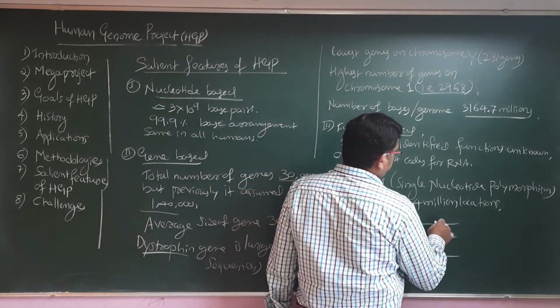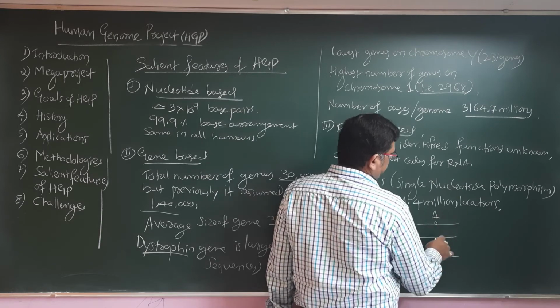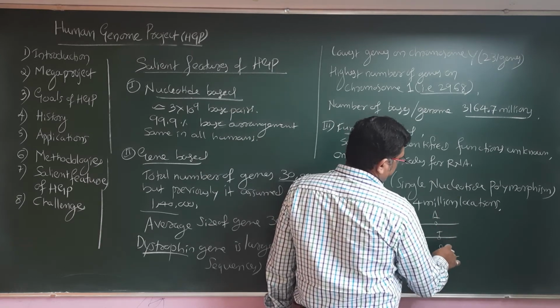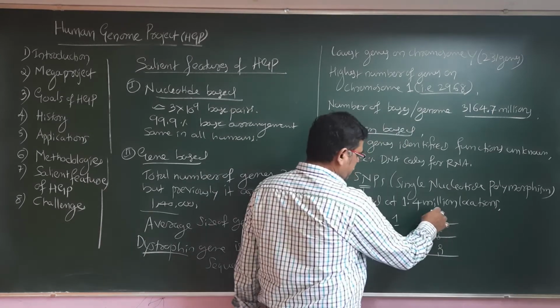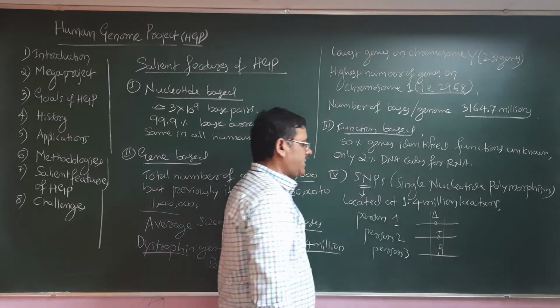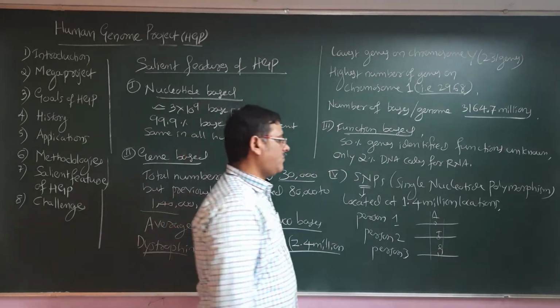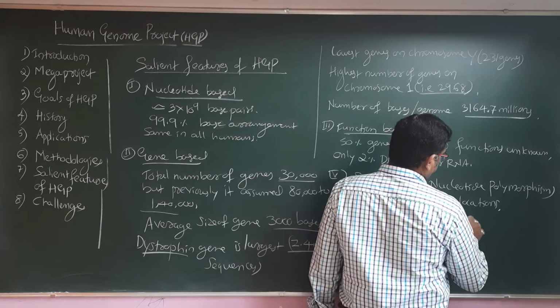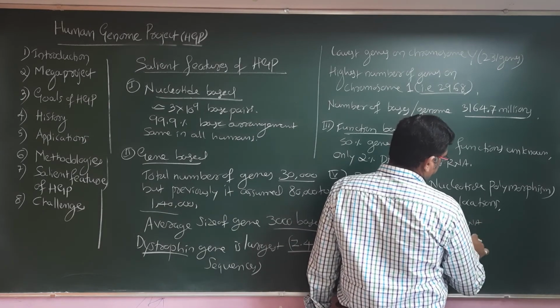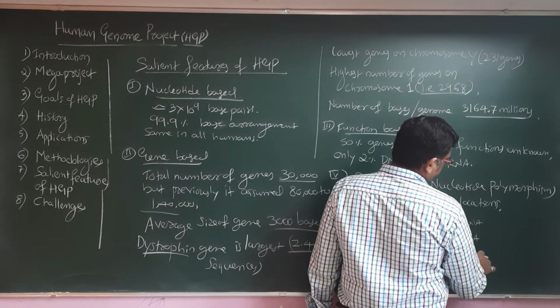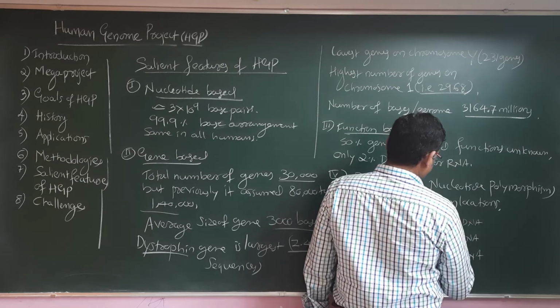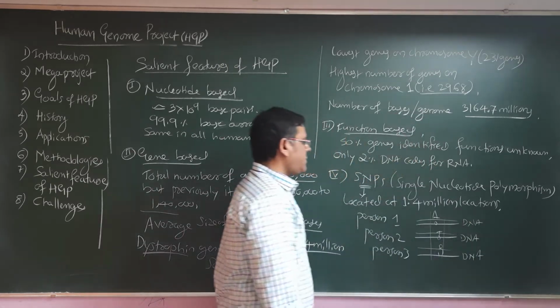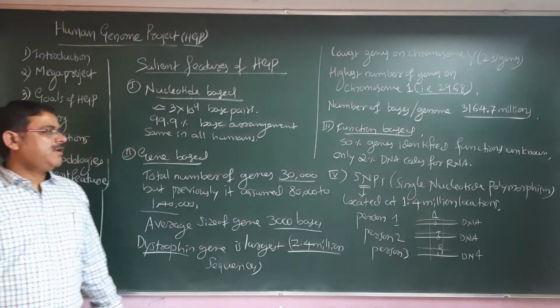At the same location, he has adenine, he has thymine, he has guanine. So with a single base, the DNA appears to be different. So this is what we call a single nucleotide polymorphism.